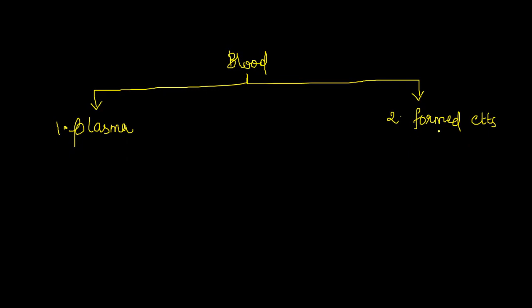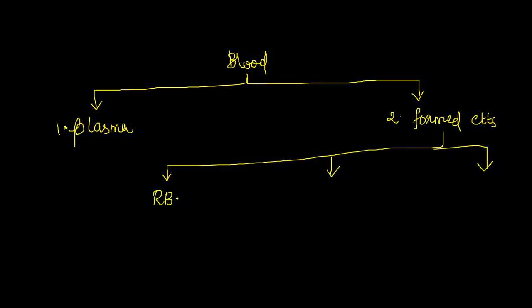Then the formed elements can mainly be classified into three: erythrocytes or RBC, leukocytes or WBC, and the platelets or thrombocytes. Clear? RBC, WBC, and the platelets.